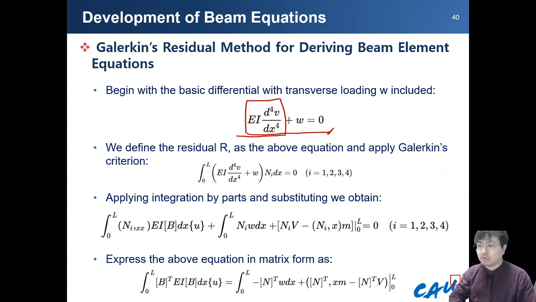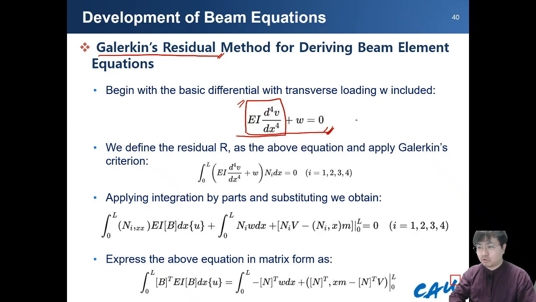Maybe this is the moment, and that equation came from the momentum equilibrium equation. So if we have this kind of partial differential equation, you can easily apply the Galerkin residual method.